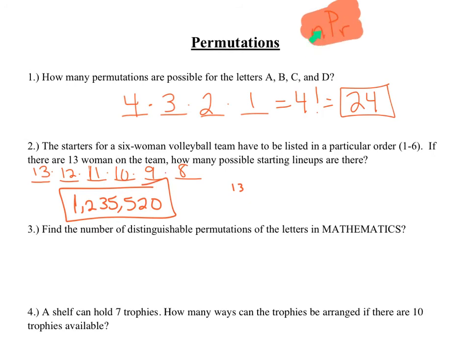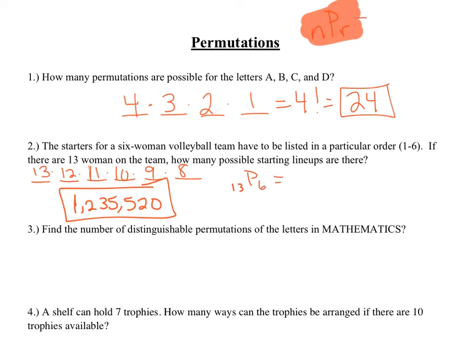So your n is how many you have to choose from, how many different people or objects you have to choose from, and you're choosing them r at a time. So r is how many you're actually taking from the bigger group. So n is 13, and then we're using a permutation, and then how many we're choosing is my r value, and we are choosing 6 women from the team.